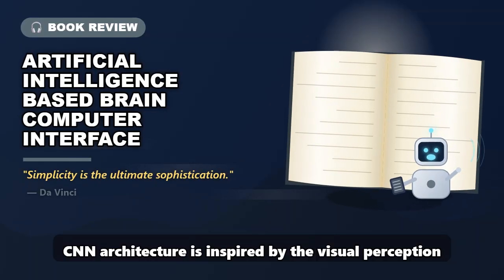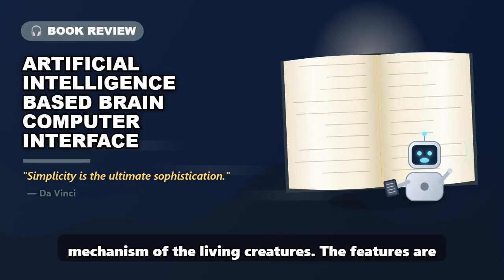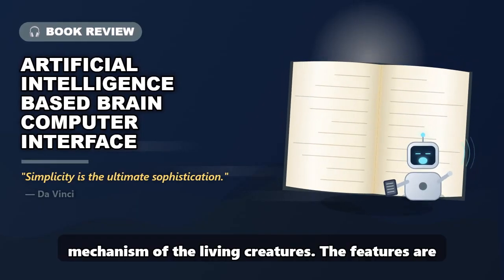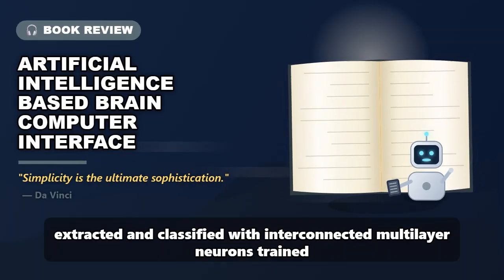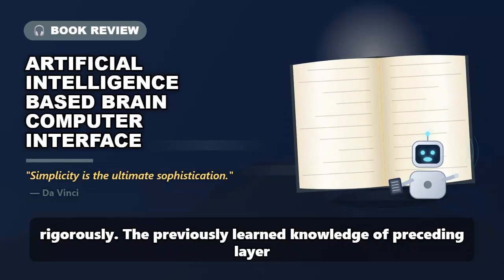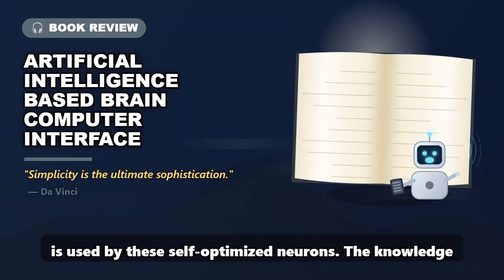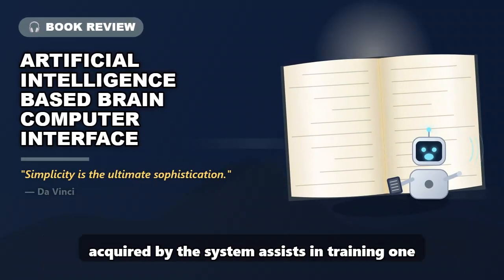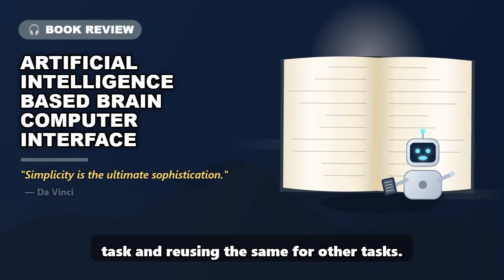CNN architecture is inspired by the visual perception mechanism of living creatures. The features are extracted and classified with interconnected multi-layer neurons trained rigorously. The previously learned knowledge of the preceding layer is used by these self-optimized neurons. The knowledge acquired by the system assists in training one task and reusing the same for other tasks.